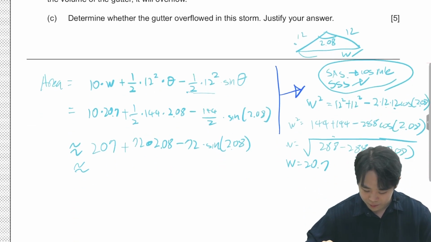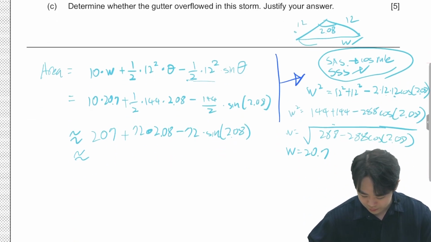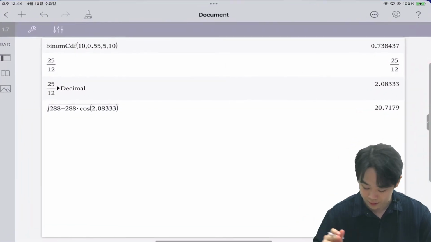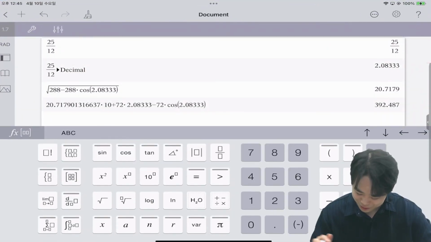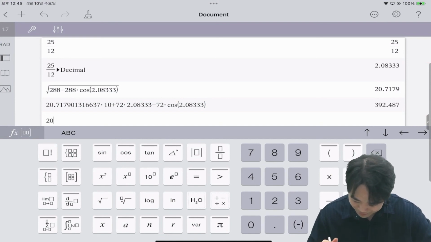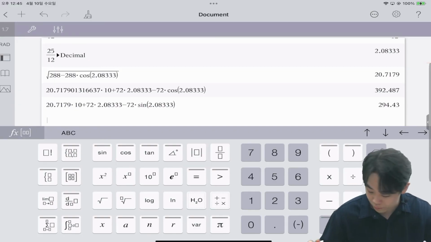So just to get in the habit of using these stored values, I'll just go over the calculator again. So what we do, just to make sure that we're using the right values, is 20.7179 times 10 plus 72 times 2.08333 minus 72 times sine of 2.08333. That should give you 294.43.